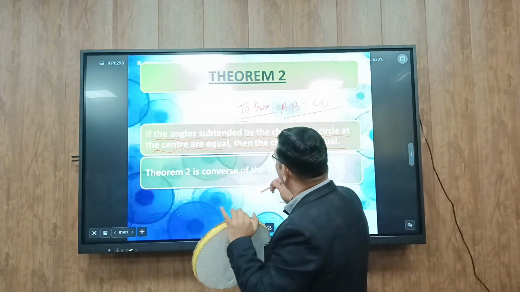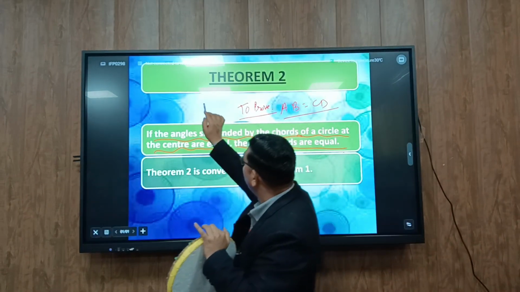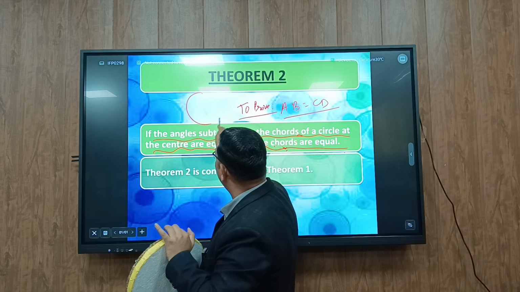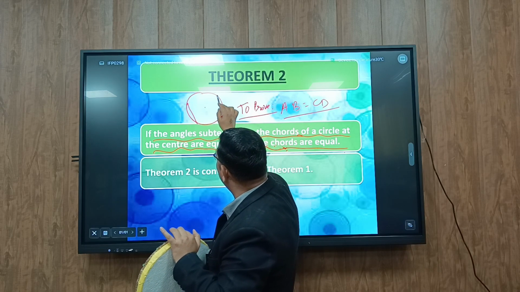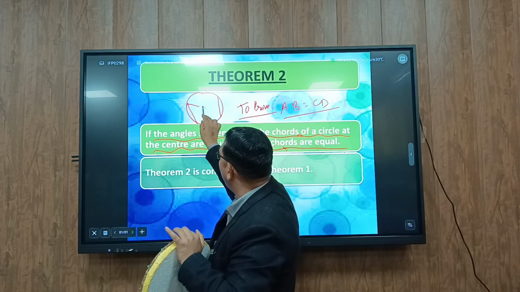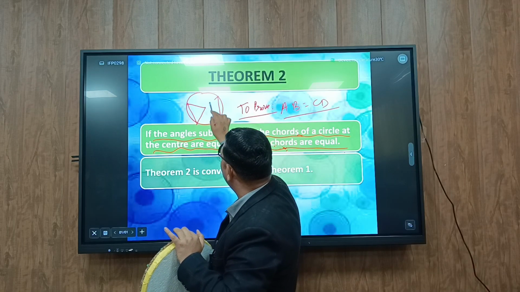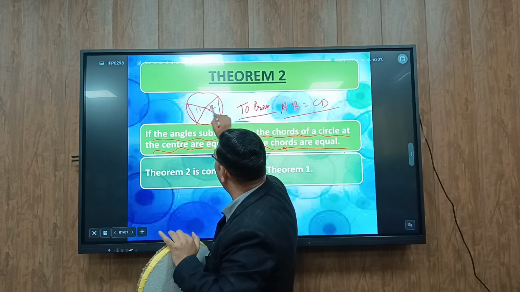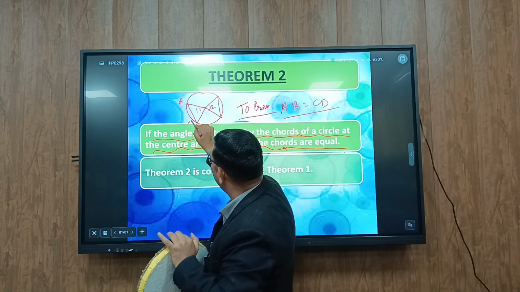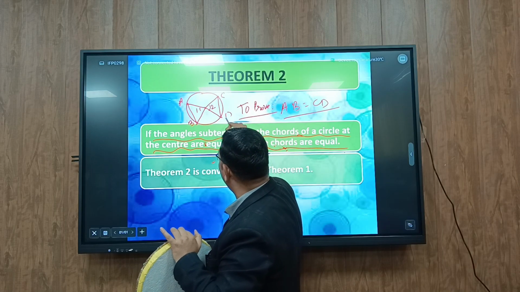These two chords are not equal in length, but they subtend equal angles at the center. The points are A, B, C and D.